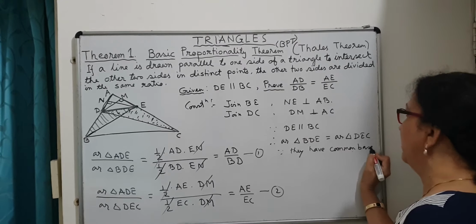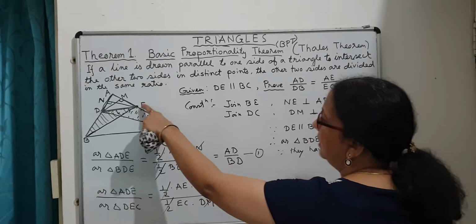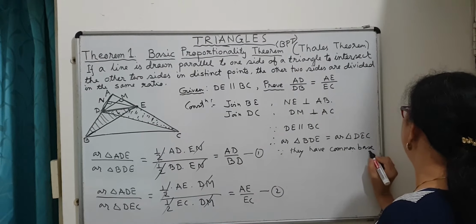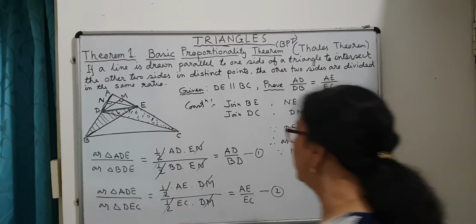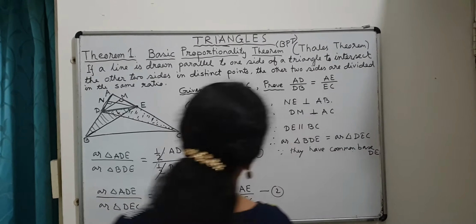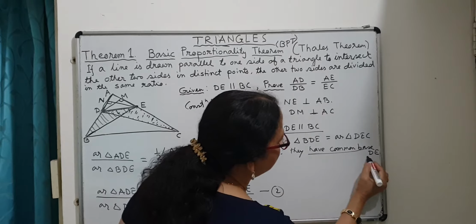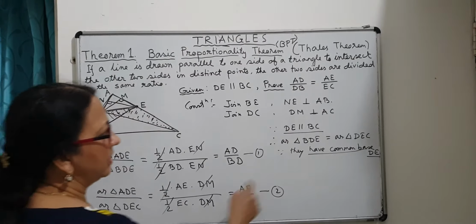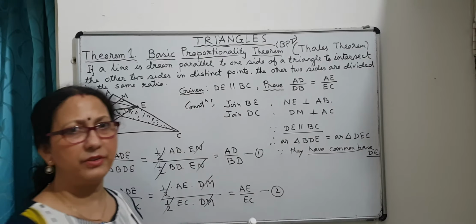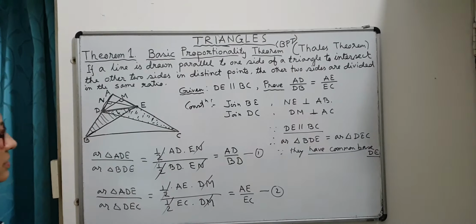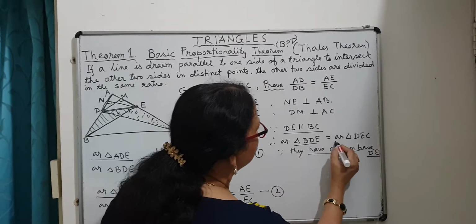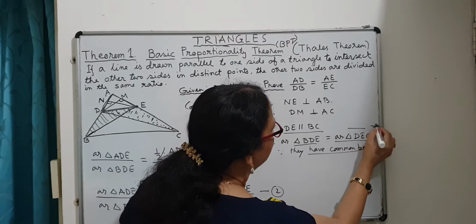What is the common base? Your DE, common base DE. So for this reason, that is, since they are between the same parallels and have the common base DE, we can say these two areas are equal. We can write down this. So using this area equal to this area gives us equation 3.